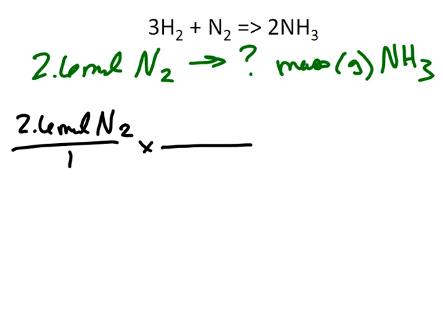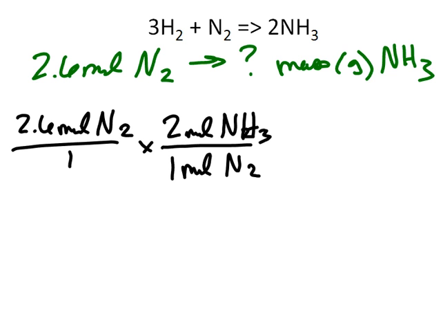So I look at my molar ratio and I see that I have 1 mole of nitrogen gas for every 2 moles of ammonia. Now I'm not where I want to be. I want to be at mass, but right now I'm at moles. So I need to use molar mass.